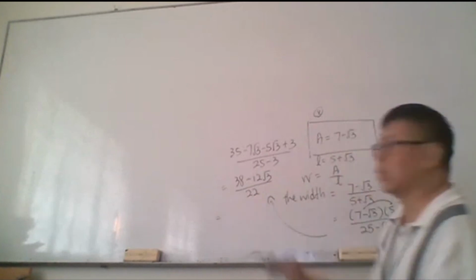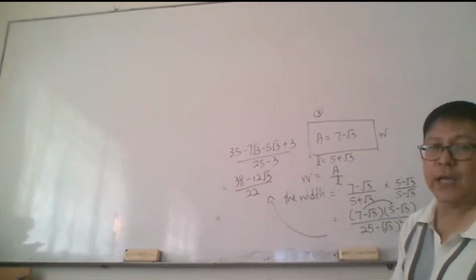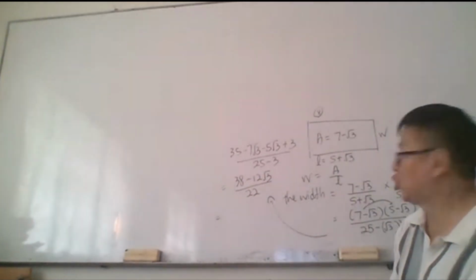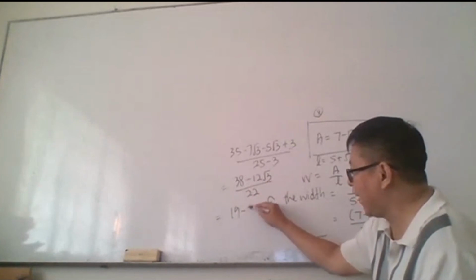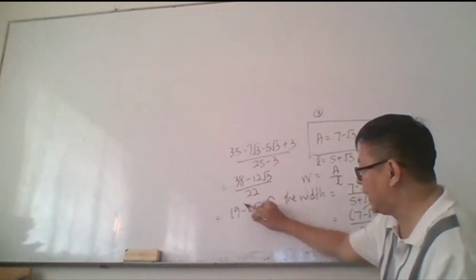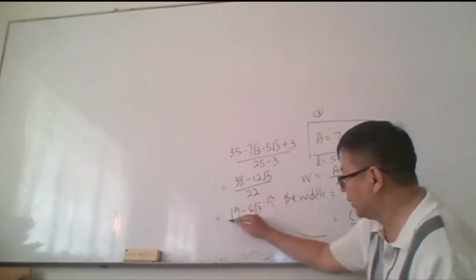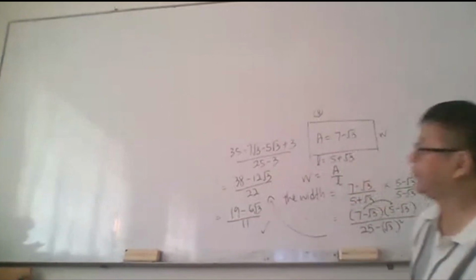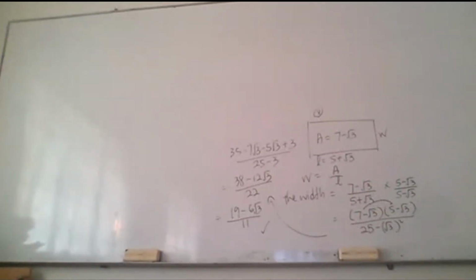So perhaps we can simplify each and every one by 2. So 19 minus 6 square root 3, divided by 11. So that's your answer for question number 8.